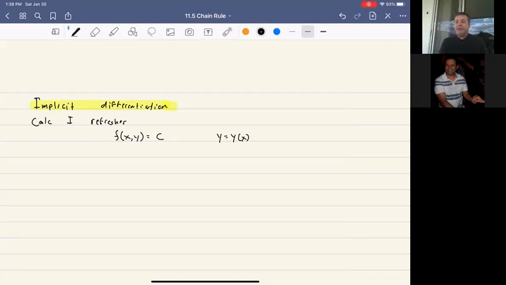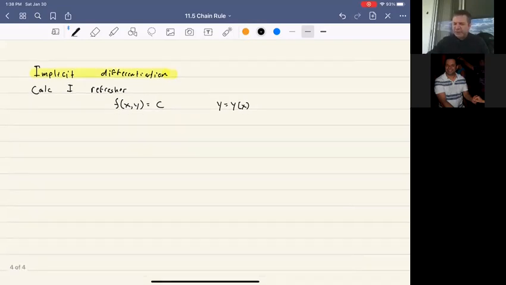And you can find the derivative of y with respect to x this way. You could have seen this in Calc 1. I'm going to go a little more in depth than what you might normally see. Let's go ahead and take the derivative of both sides of this equation with respect to x. I'm going to write it like this.